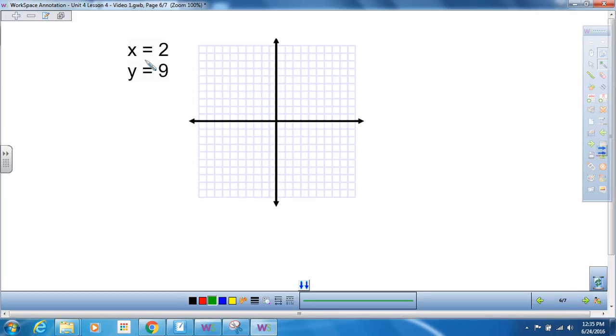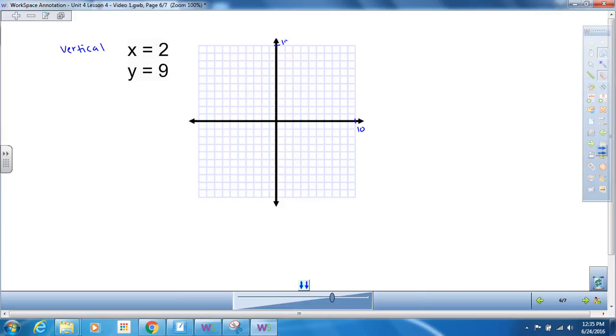All right, let's compare these two lines. So x equals 2 is a vertical line. It goes through the x-axis at 2.